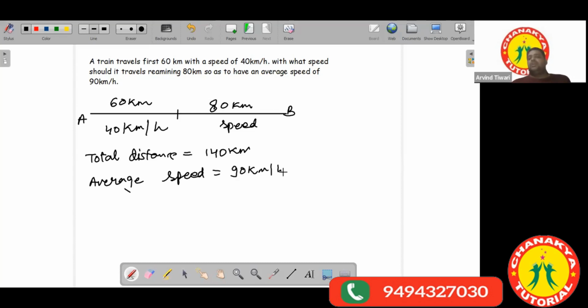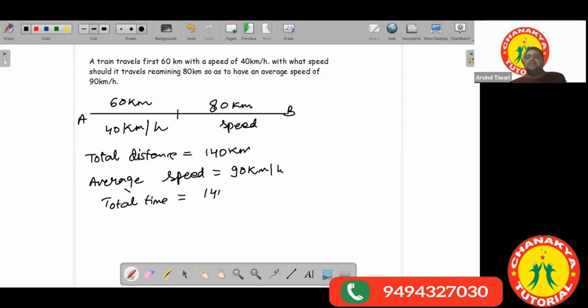So what should be the total time taken? Can we find out the total time required, the total time the train will take? You can find out total time by the formula distance by speed.